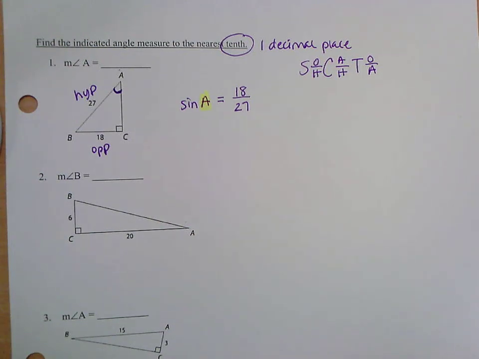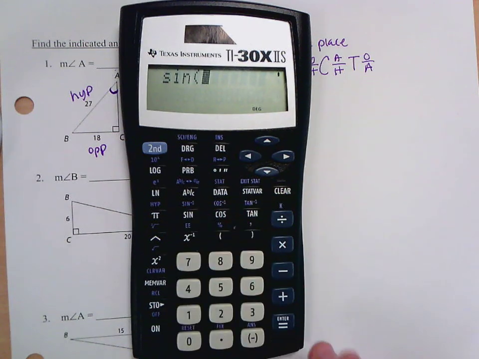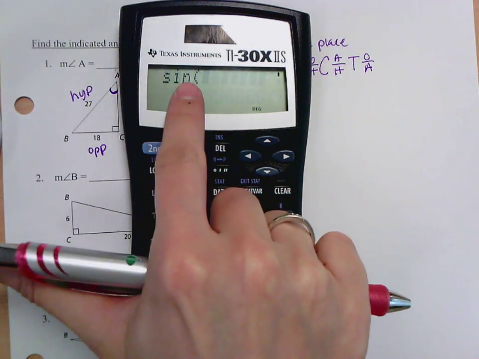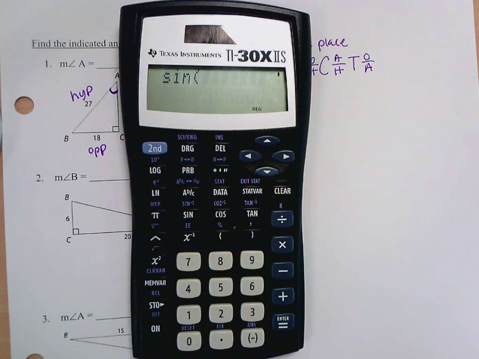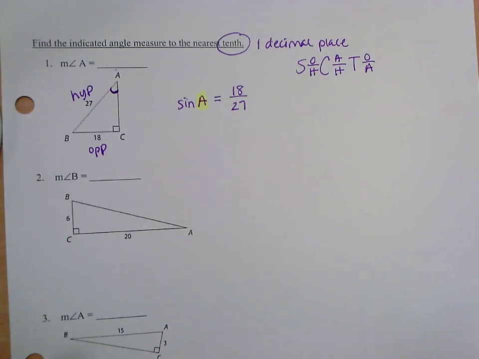If I just type sine into my calculator and hit enter, it gives me an error. The reason a parenthesis comes up is it tells you I have to put something in there for it to calculate. Sine is a function. Sine is not anything on its own without a number in it. So I can't divide by sine.